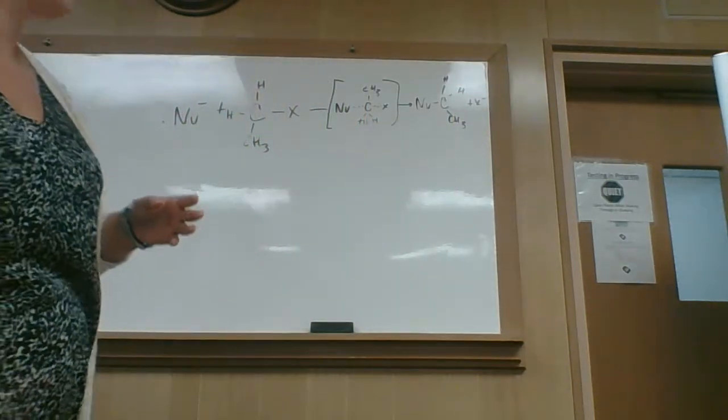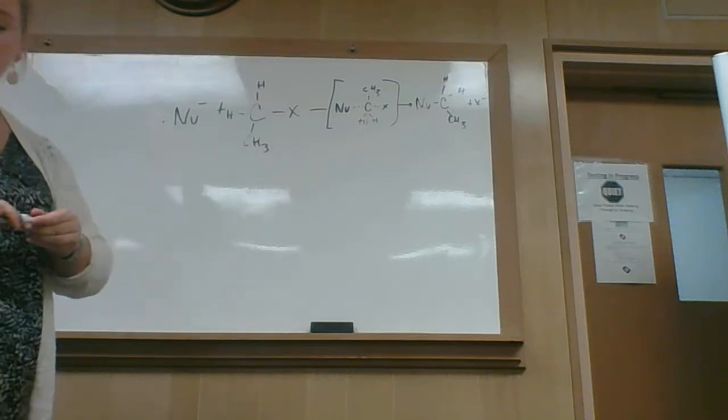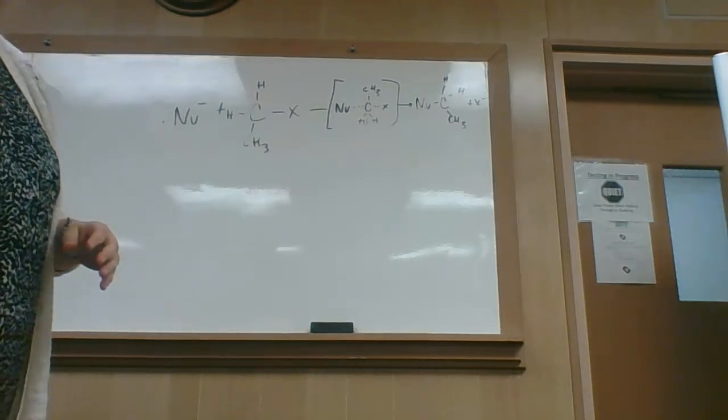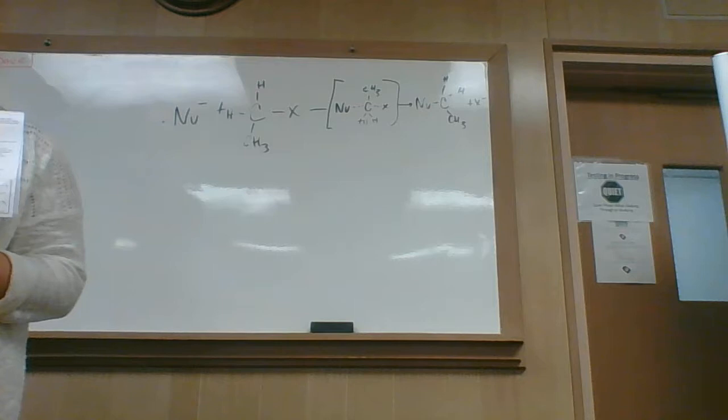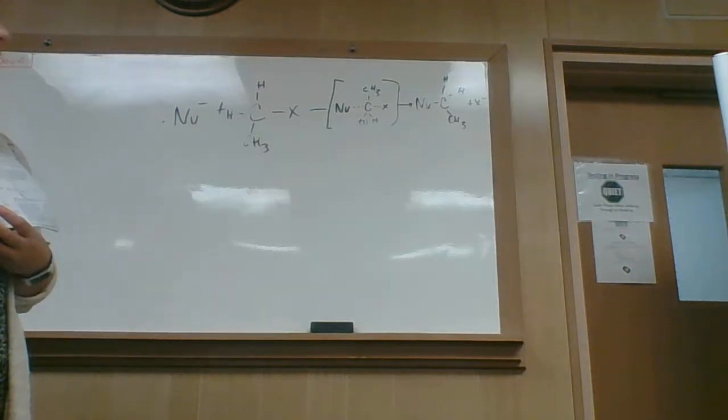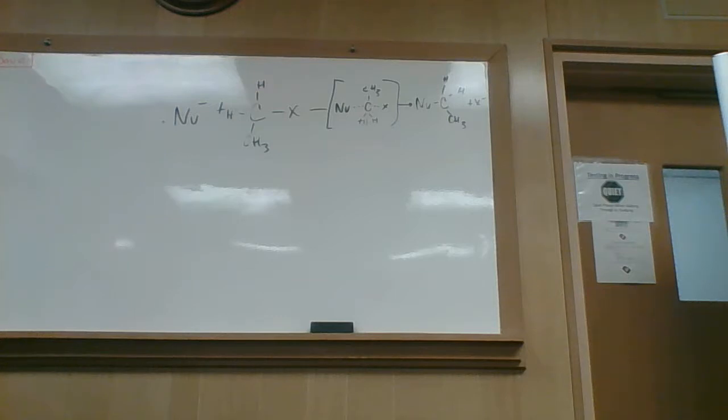Okay, so you'll notice around this reaction we have little paragraphs of information that she's provided for us, okay? Some of these are going to repeat themselves, so I'm going to point that out as we go along.